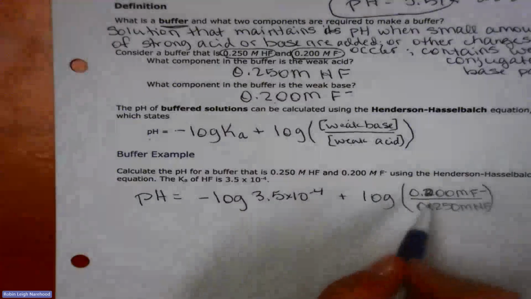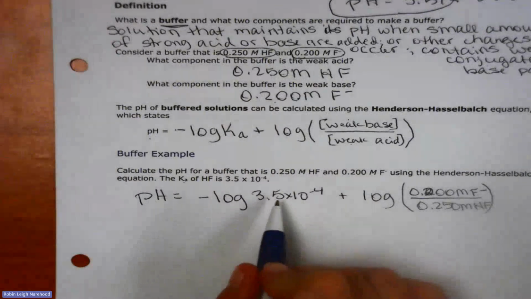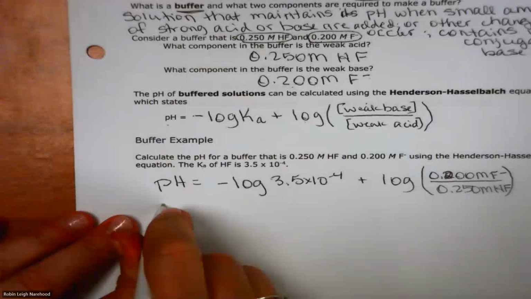You divide these, take the log, and add it to the negative log of the Ka.